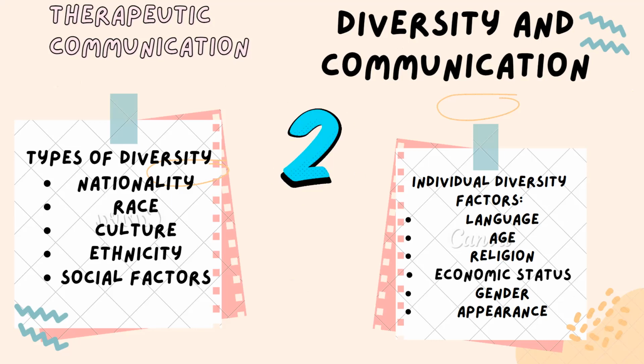Individual diversity factors can be language, age, religion, economic status, gender, and appearance. You guys can't let any of these factors influence you. Doesn't matter what somebody looks like, doesn't matter what gender they are, it doesn't matter their age. You treat everybody with respect and courtesy and kindness.